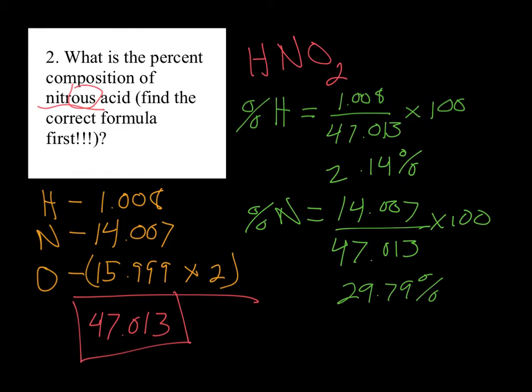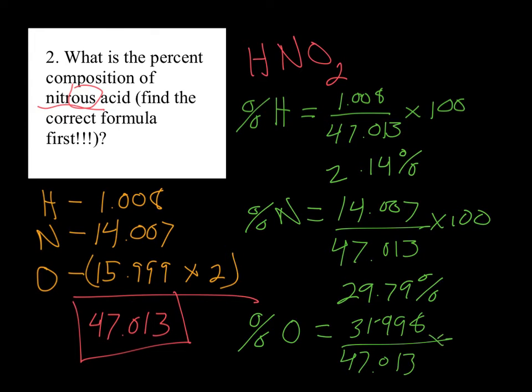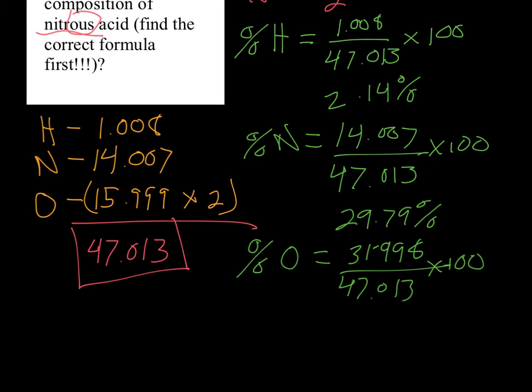And then my oxygen is going to be my total mass of oxygen, which is the 15.999 times 2, which happens to be 31.998, divided by my total mass, 47.013 times 100, which is 68.06%.